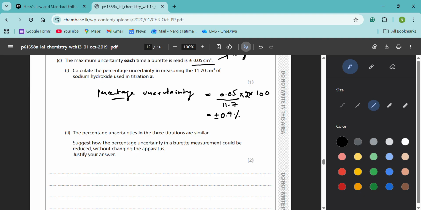We have discussed, and you know that if we take larger readings, the percentage uncertainty error is reduced. So in order to increase our reading, use a more dilute solution of sodium hydroxide. It will increase your titration reading and it will reduce the percentage error.